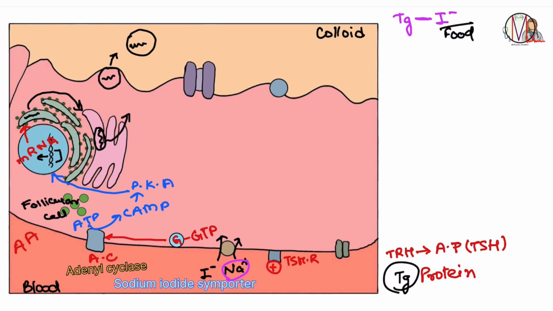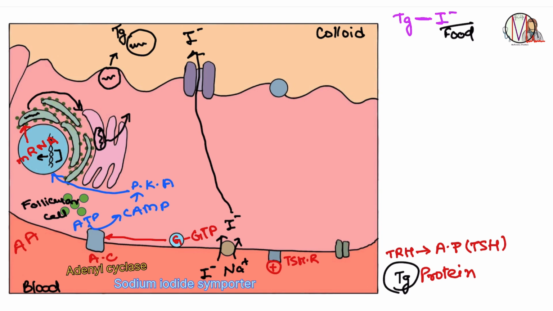But is iodine in the cell what we want? No. As thyroglobulin is waiting for it in the colloid, we need to send this iodine over there in the colloid. But again, there's a problem. Iodine can't go on its own. It needs help. And for that, we have pendrin, which will help iodine to enter the colloid.